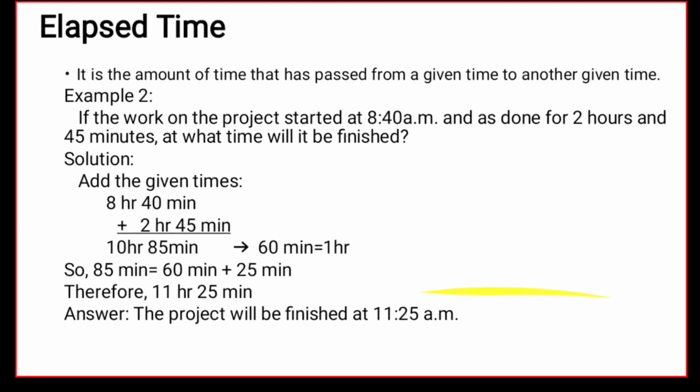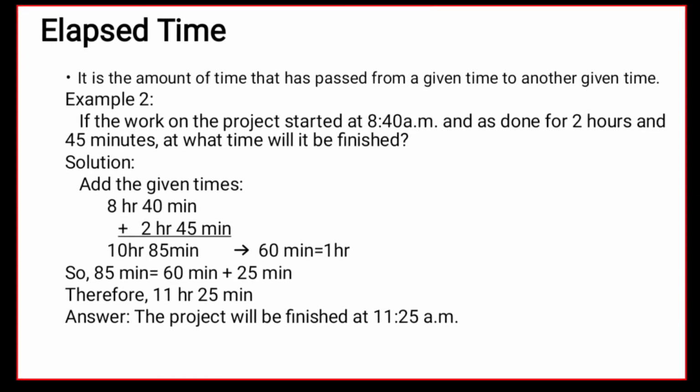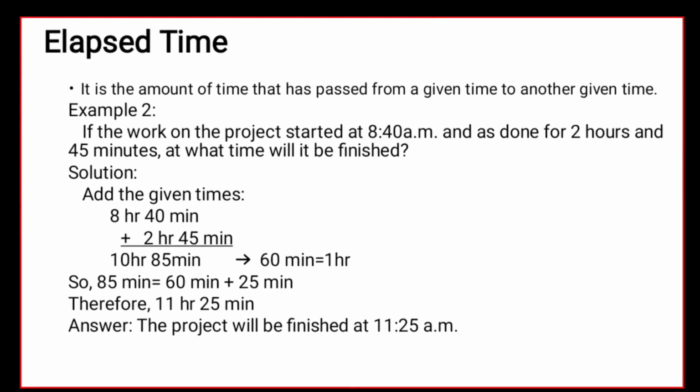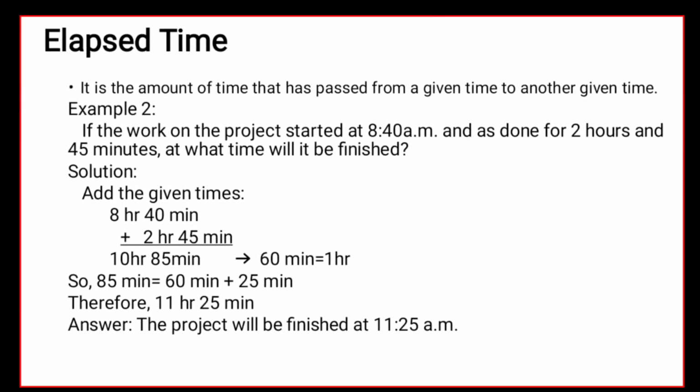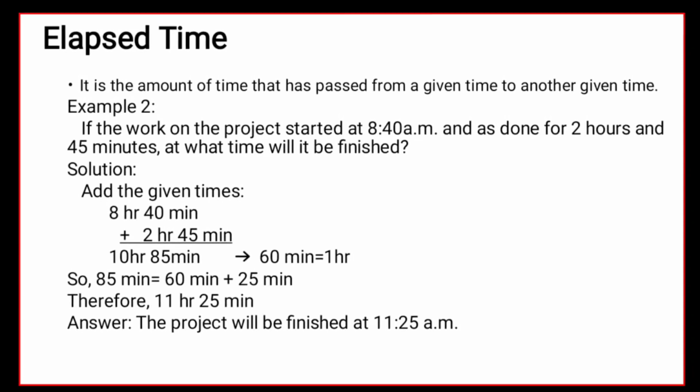Okay, next, example number 2. If the work on the project started at 8:40 a.m. and was done for 2 hours and 45 minutes, at what time will it be finished?